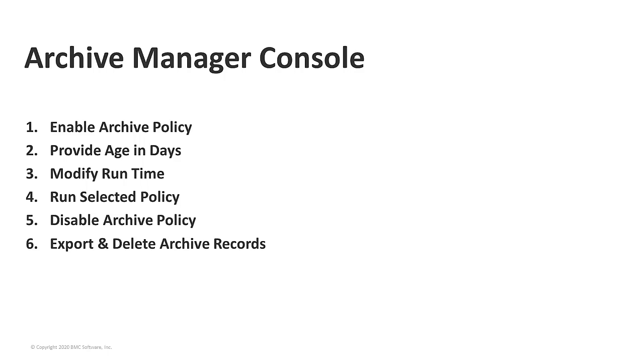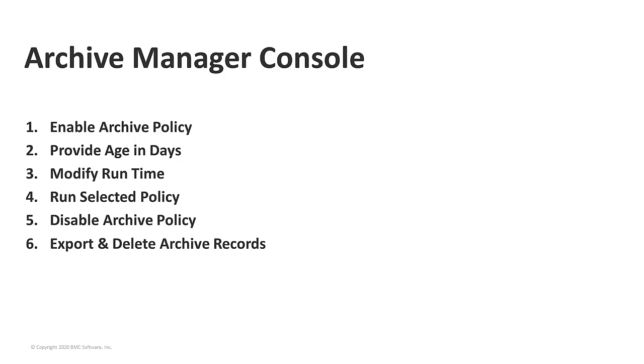The next is Archive Manager Console. AR System Archive Manager Console is a display-only form. The backend form from where it retrieves the data is the AR System Archive Policy form, which is a regular form. Whichever policies we have configured for archival using Developer Studio, that is by checking the checkbox include in archive policy, all those policies will be listed in this console.